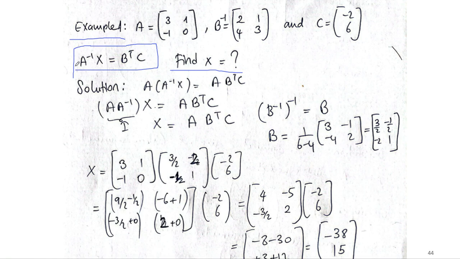If we multiply both sides by A, that gives us the identity I times X, but I times X equals just X. So we obtain A times B transpose C as our X value.